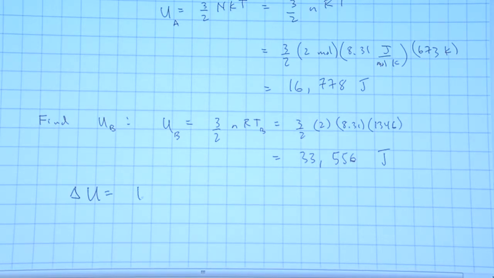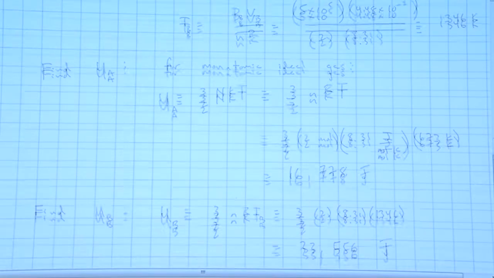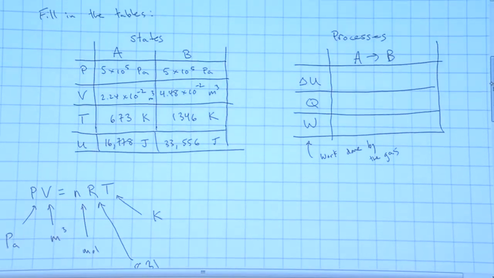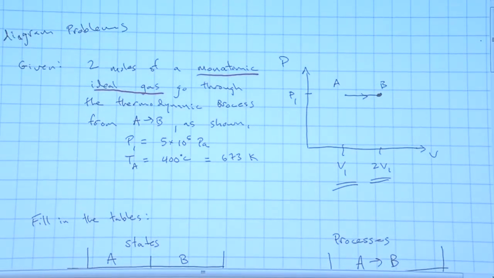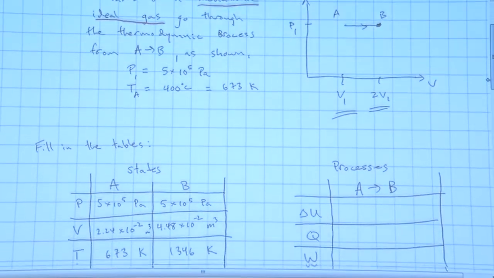Delta is always final minus initial. In this case, it's B minus A. So I end up with a positive 16,778 joules. If I was going the opposite direction, if I was going from B to A, then I'd get a negative delta U. You have to be careful with your signs.